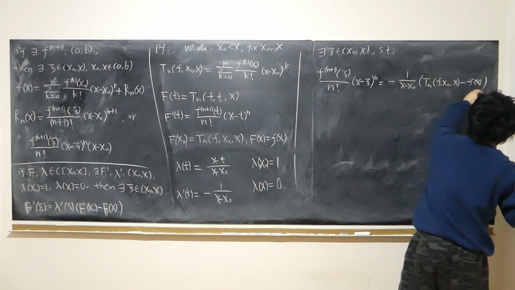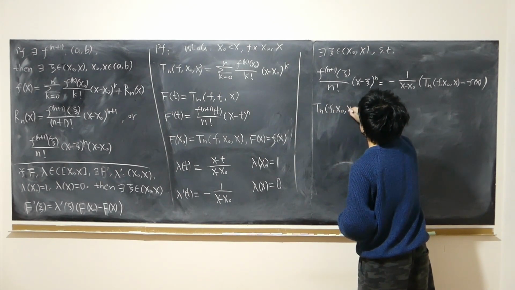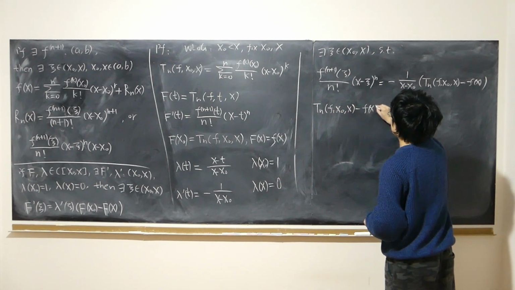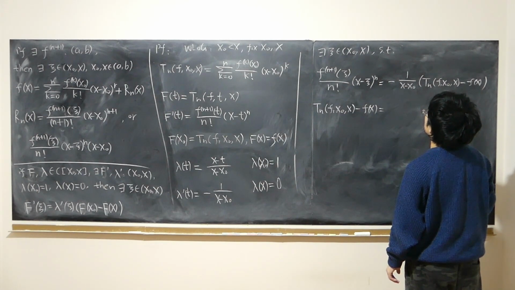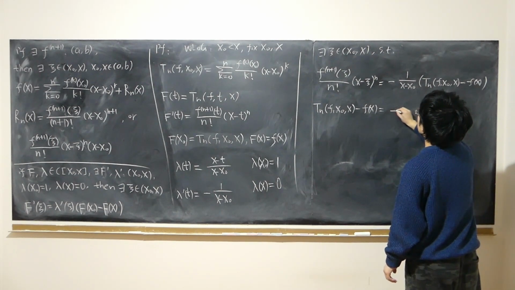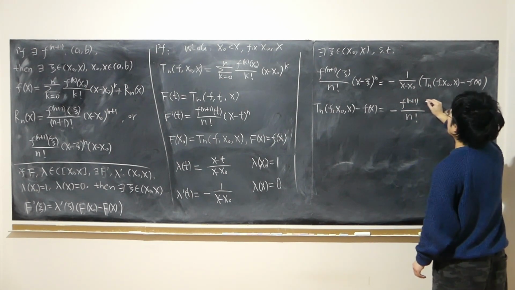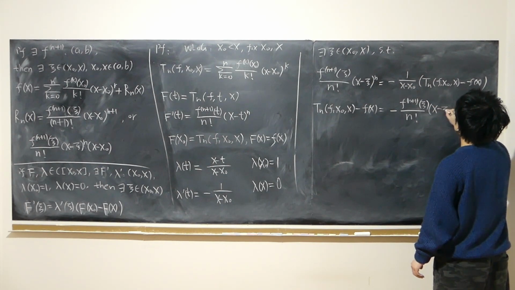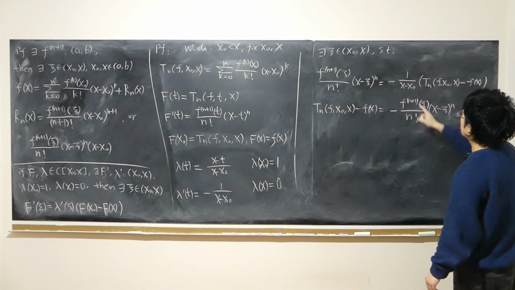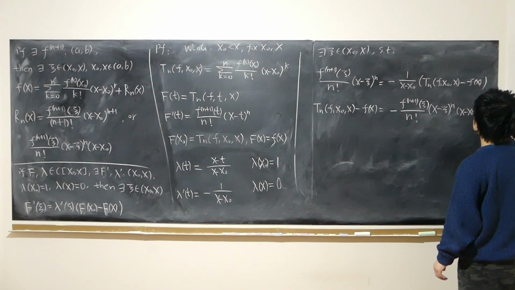I still isolate this: Tn f x naught x minus f of x is equal to minus n factorial f n plus 1 of Cauchy times x minus Cauchy to the power of n times, over to the other side, x minus x naught.